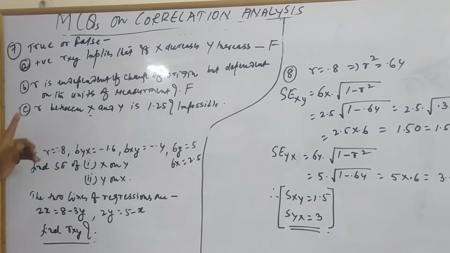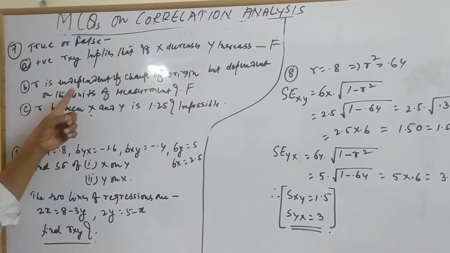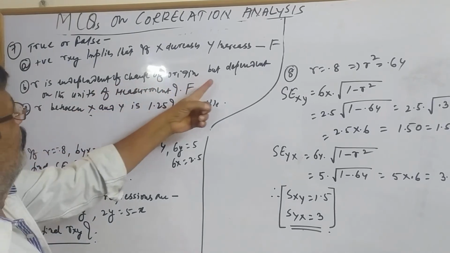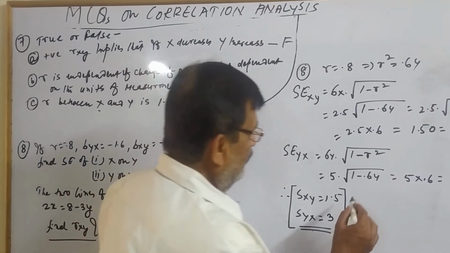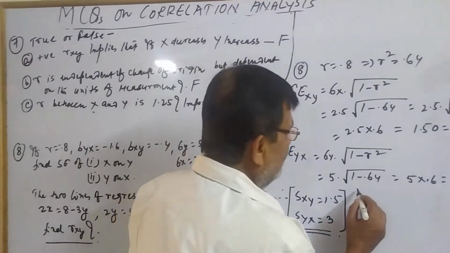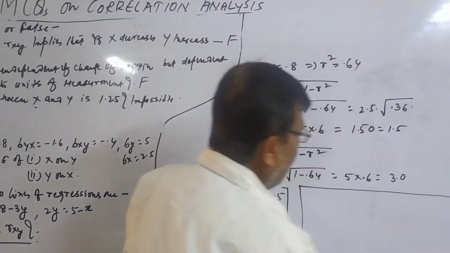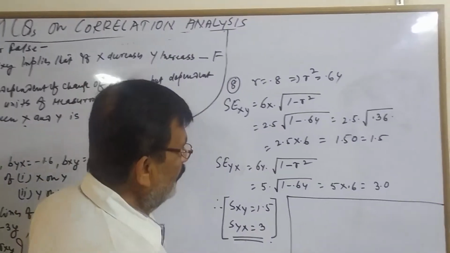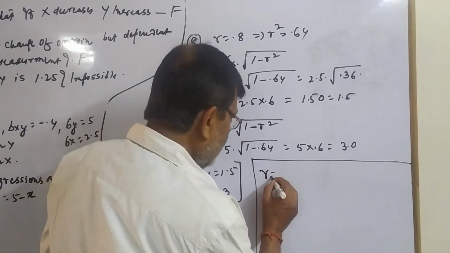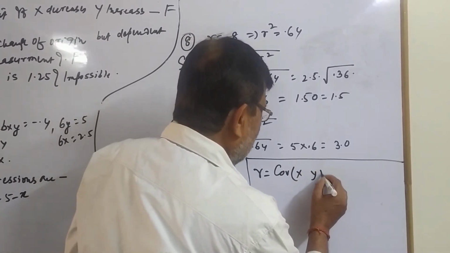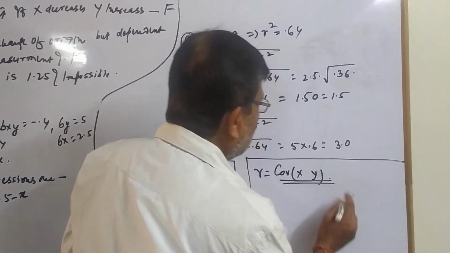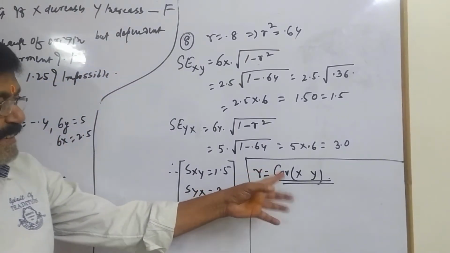Number B, R is independent of change of origin but dependent on the units of measurement. Absolutely, it is a wrong statement. When Karl Pearson was defining R, virtually what he wanted to express could have been explained by covariance xy.